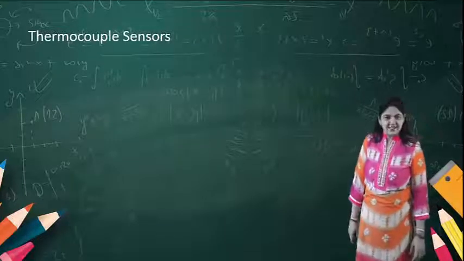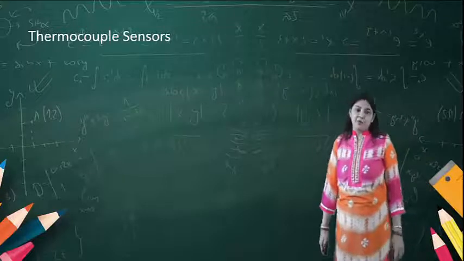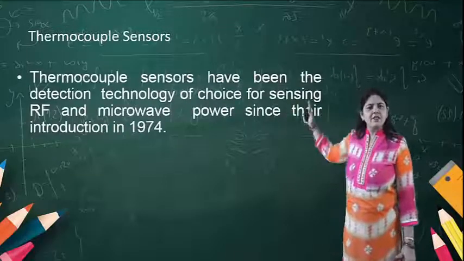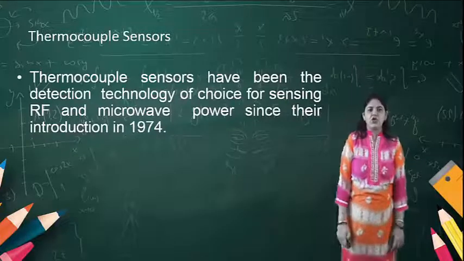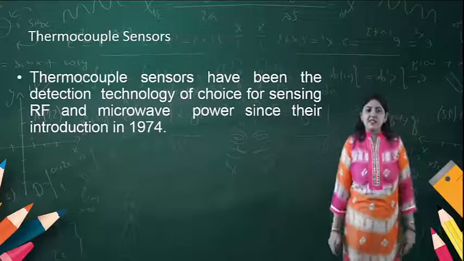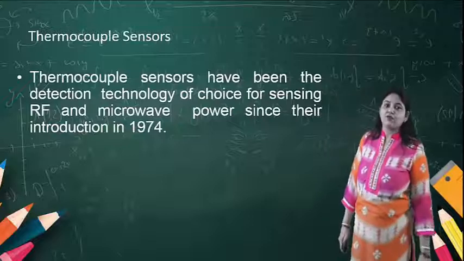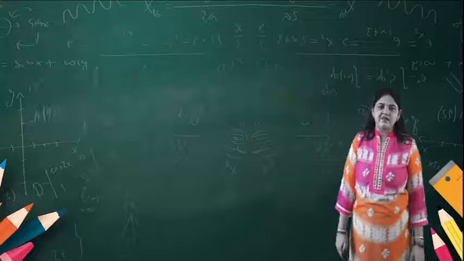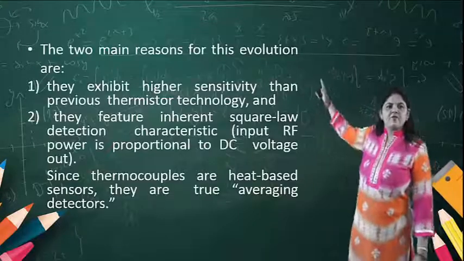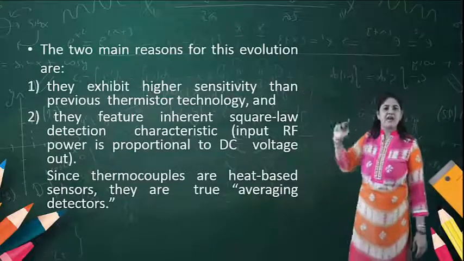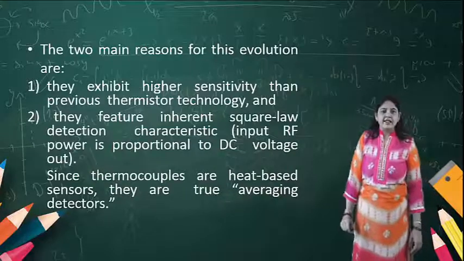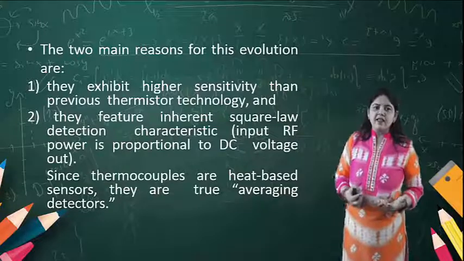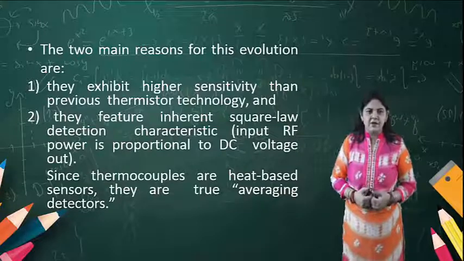Next and the last is the thermocouple sensor. So what is the thermocouple? Thermocouples have been the detection technology of choice for sensing RF and microwave power since they were introduced in 1974. The main reasons for this evolution are that they exhibit higher sensitivity than thermistor technology.